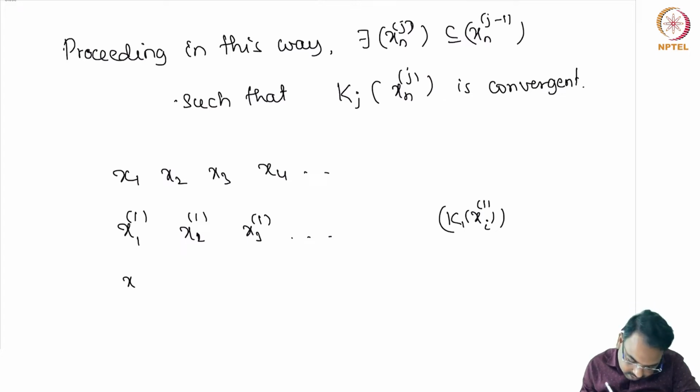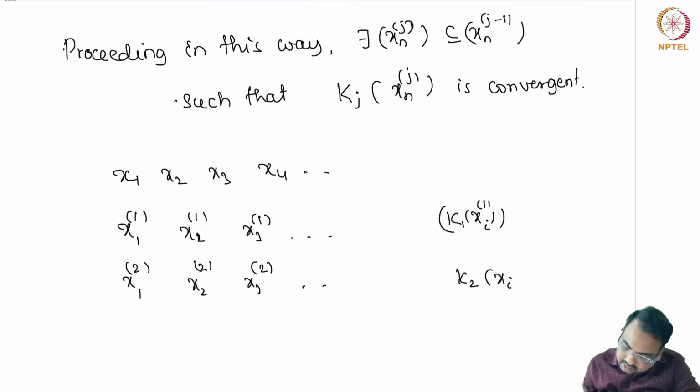Now we get x12, x22, x32, such that K2 of xi2 is convergent.